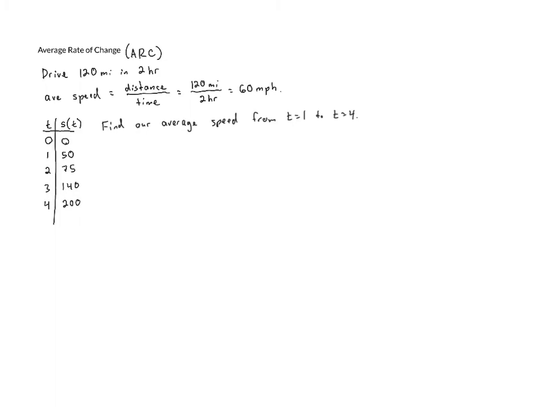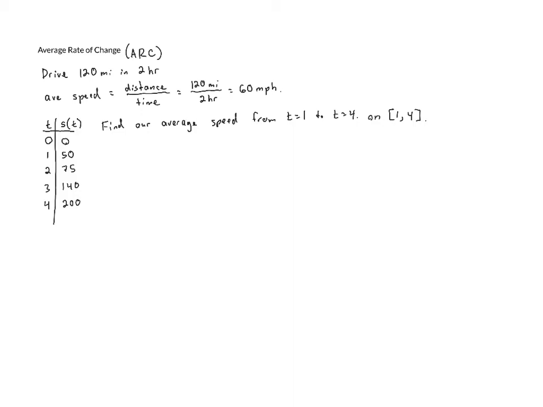So we're looking between 1 hour into our trip to 4 hours into our trip. We could also express this, instead of saying from t equals 1 to t equals 4, as on the interval from 1 to 4. This is basically saying between hour 1 and hour 4. Either one of these is the same way to express the same idea.